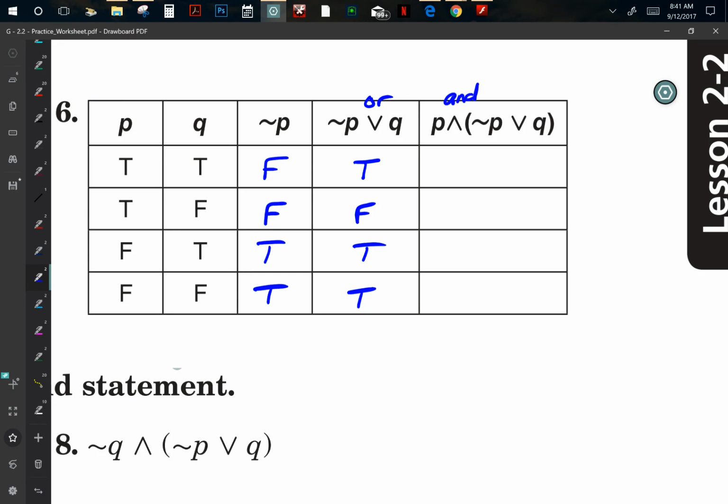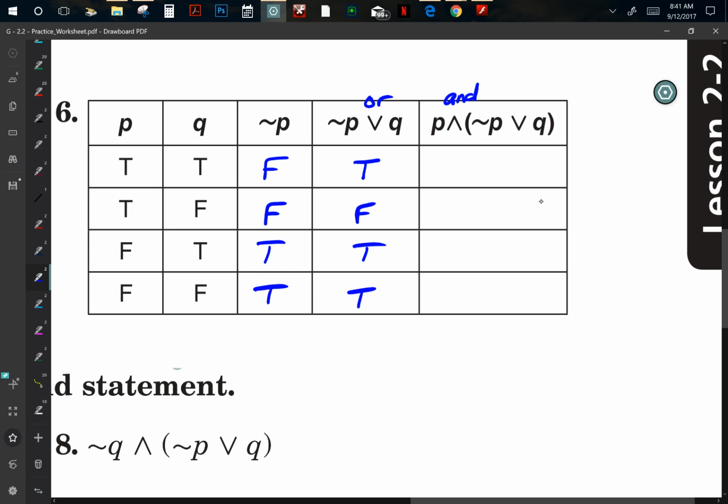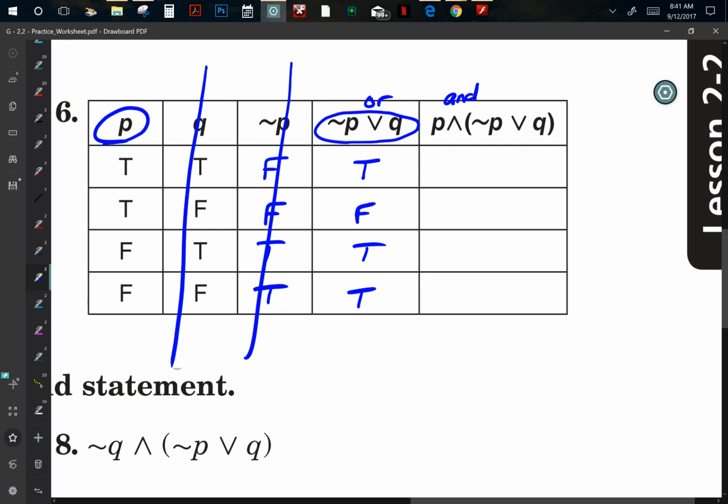All right. Now what am I dealing with? Now here's where it can kind of get confusing. You've got to define what I'm dealing with: P, so that's here, and this compound statement right here, right? So ignore this, and then look at your values, and it's and, isn't it? So true and true would be what?